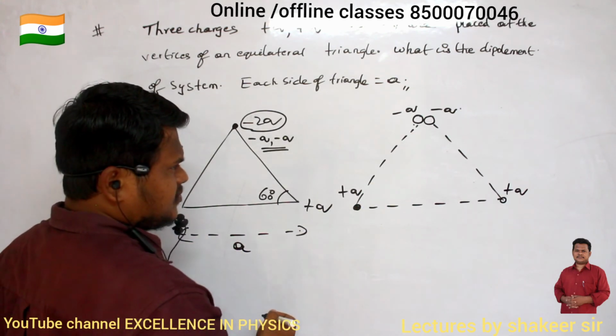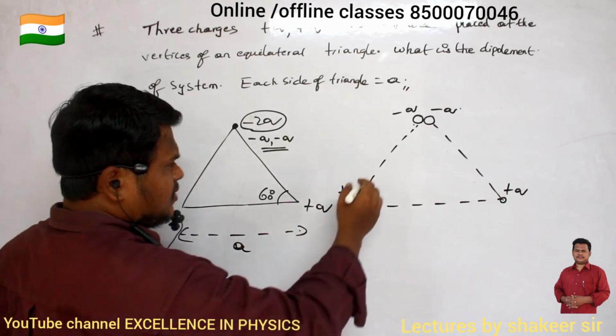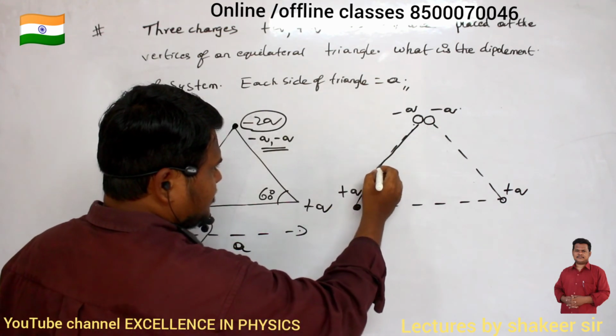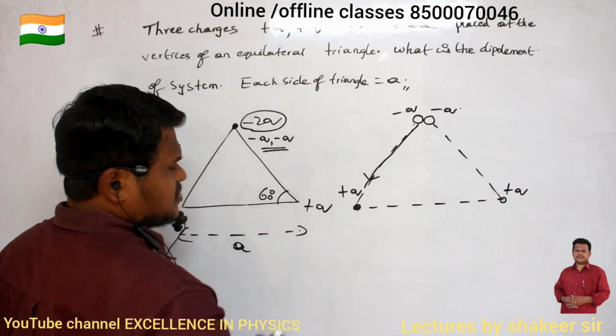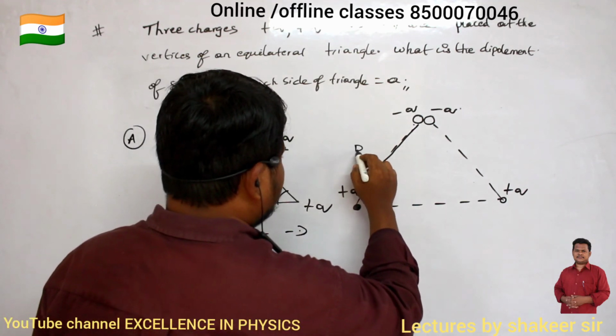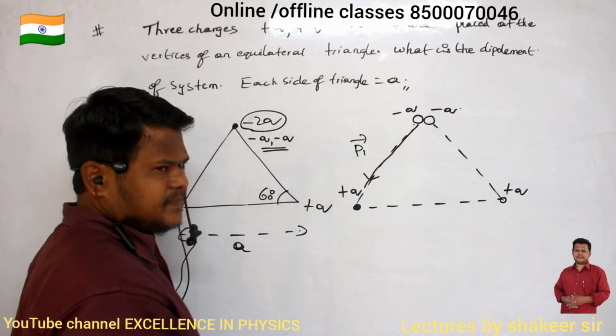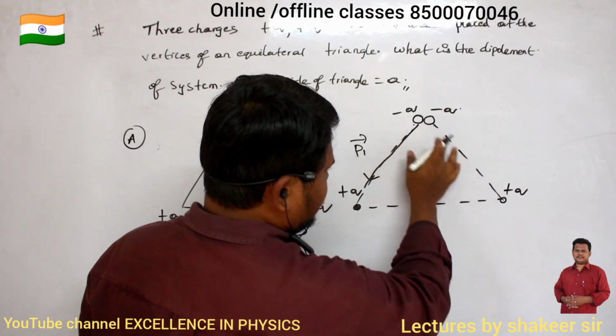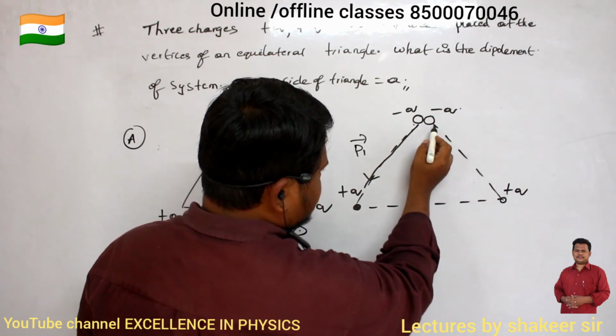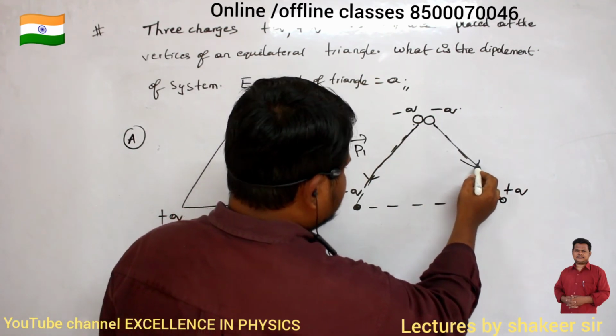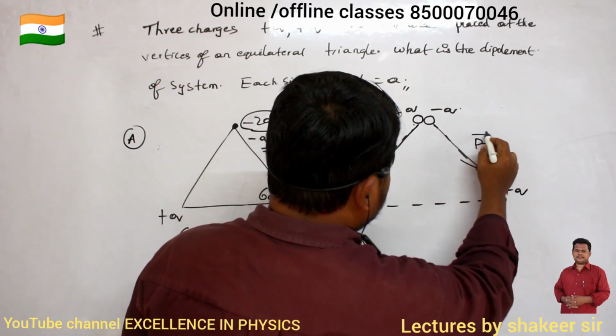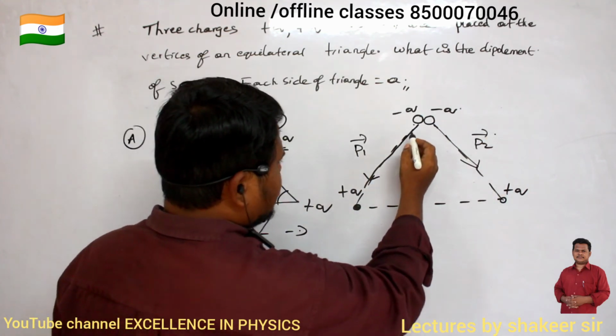Now what is the direction of dipole moment? Direction of dipole moment will be from negative charge to positive charge. So this is P1 dash. And this is another dipole, minus q and plus q, which is called P2 dash. Clear? Now what is the angle between them?